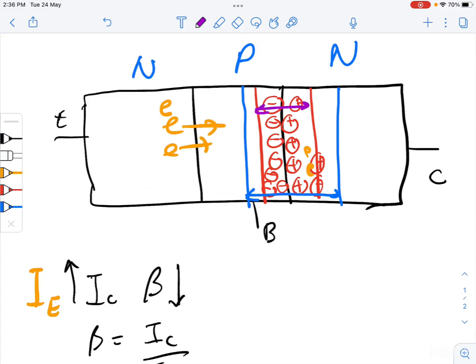So you can see the reduction in the effective base width. The whole region over here is the base, right? But once some region of the base is depleted, the effective base width is the one with no depletion.